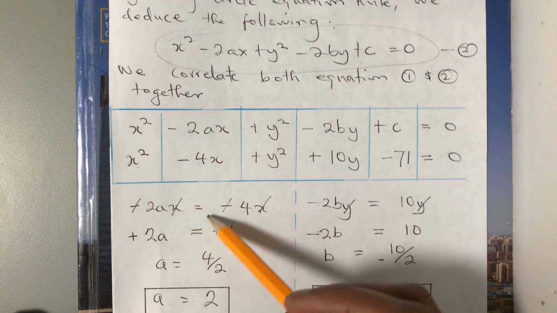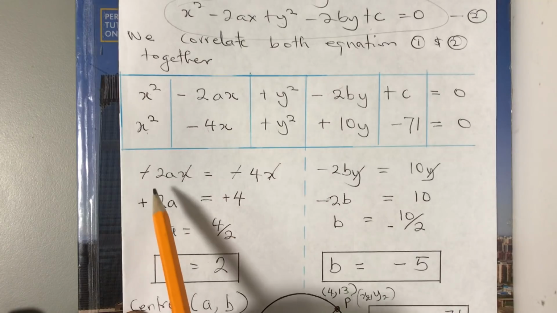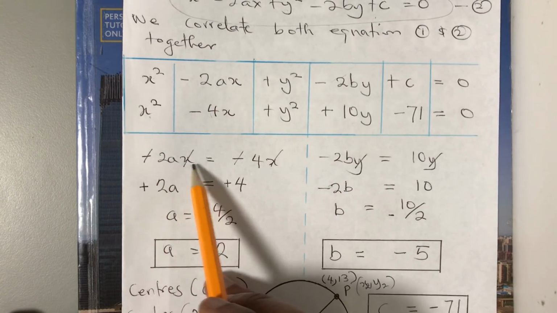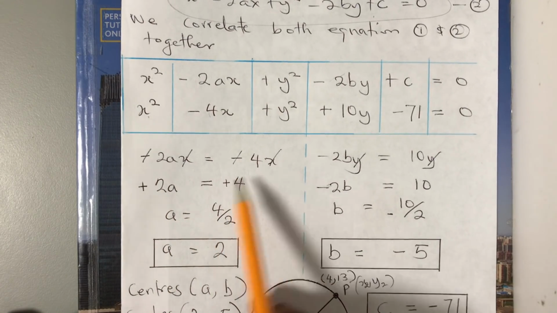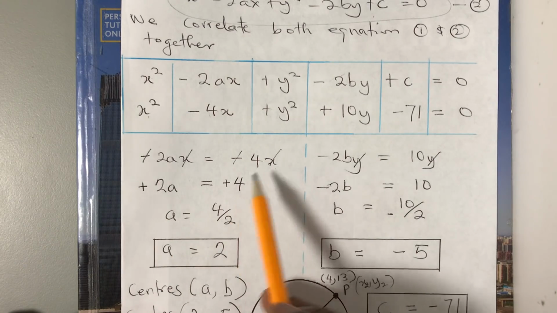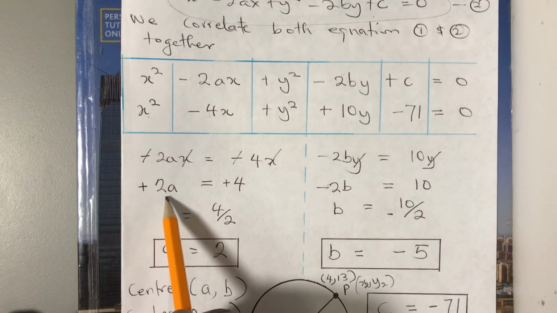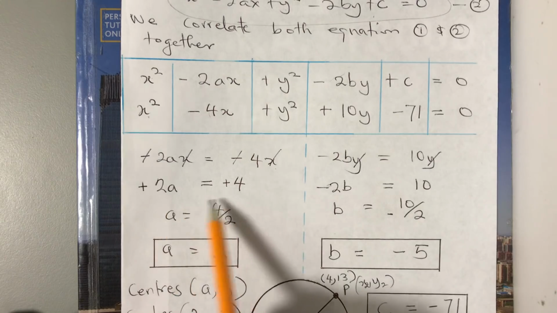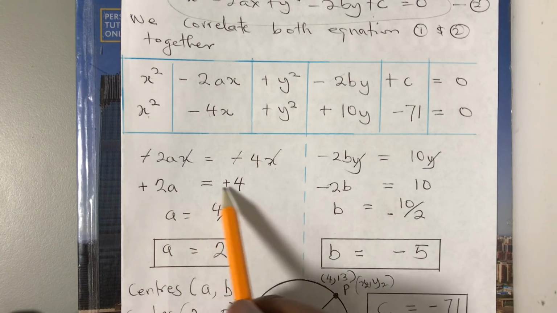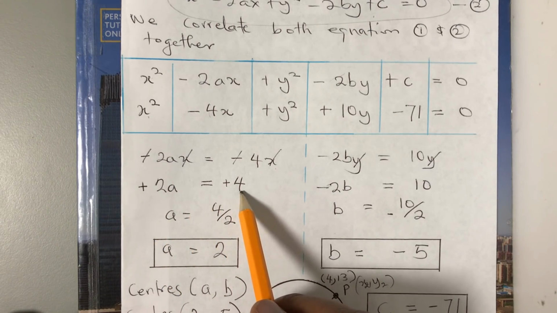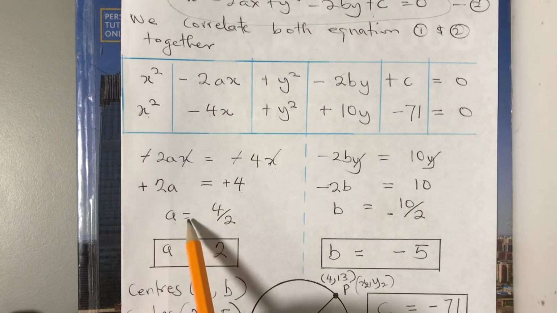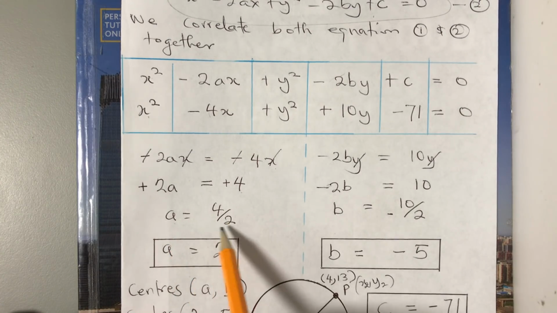Then from there, we can deduce that minus 2ax equals minus 4x. From there, we can collect the like terms, which is 2a equals 4. Then our a equals 4 over 2.